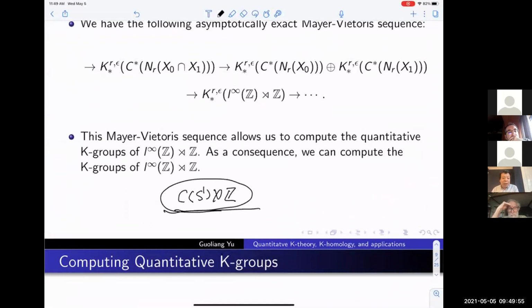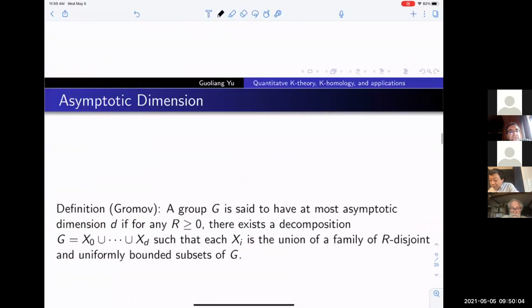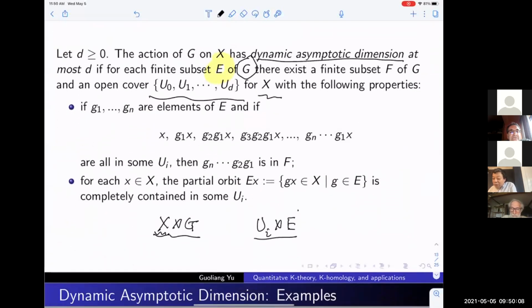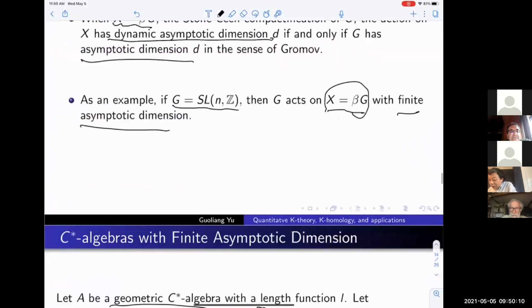So the partition of unity is really a continuous function on the circle, and it's a positive contraction.